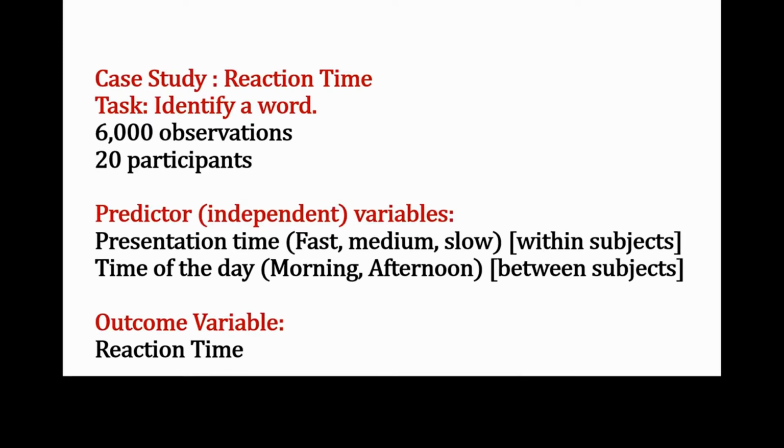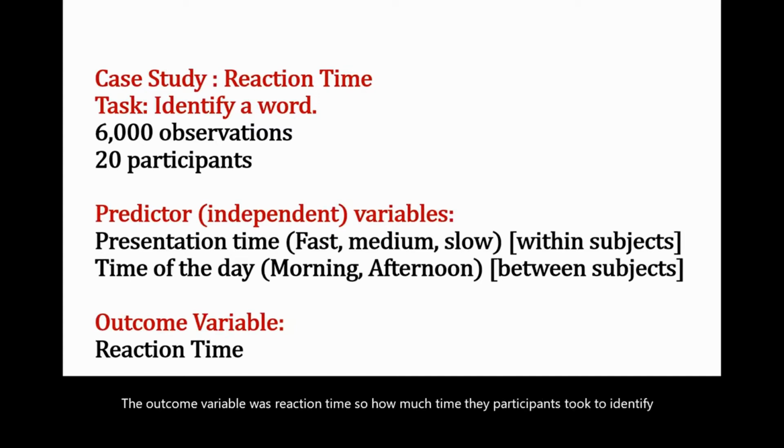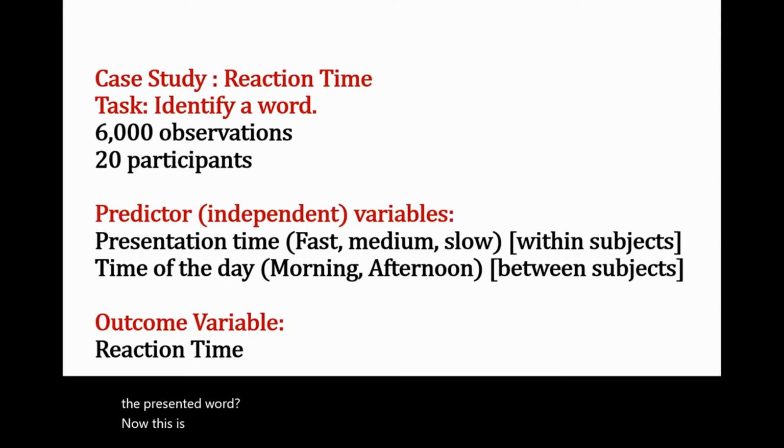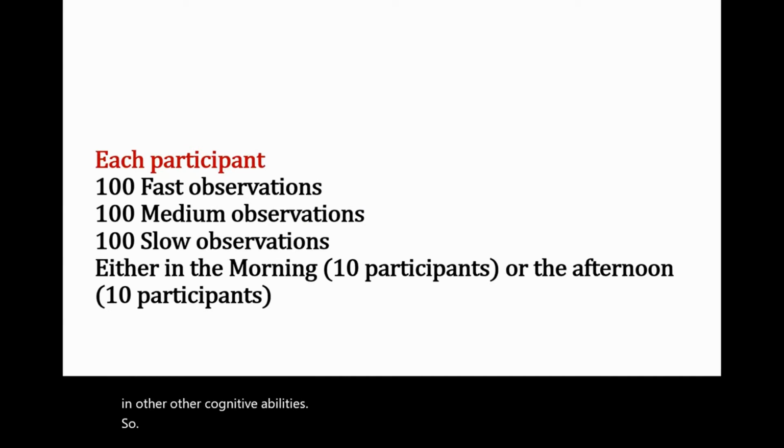The outcome variable was reaction time, so how much time the participants took to identify the presented word. Now, this is a typical study in cognitive psychology, in perception, attention. Why are we going to use multi-level modeling here when we typically don't use multi-level modeling?